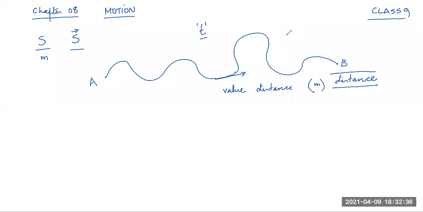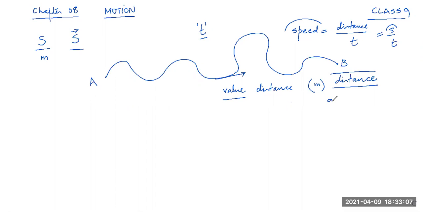Now we can say that the speed of the person is equal to total distance covered divided by the time t, that is s by t. So from here we can understand distance as well as speed. If distance does not have direction, obviously speed also doesn't have any direction, but it has a value.